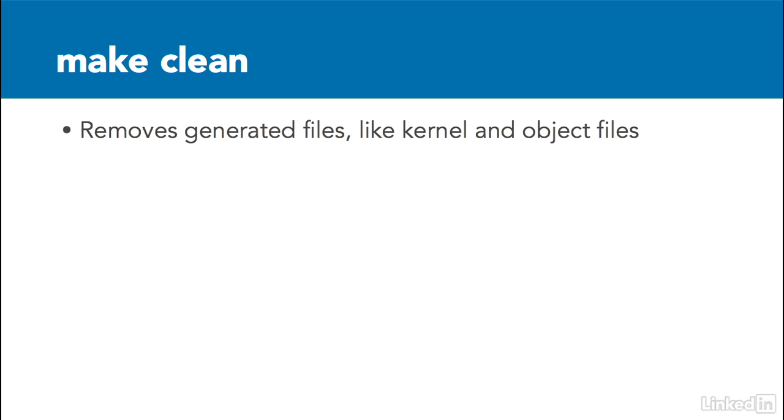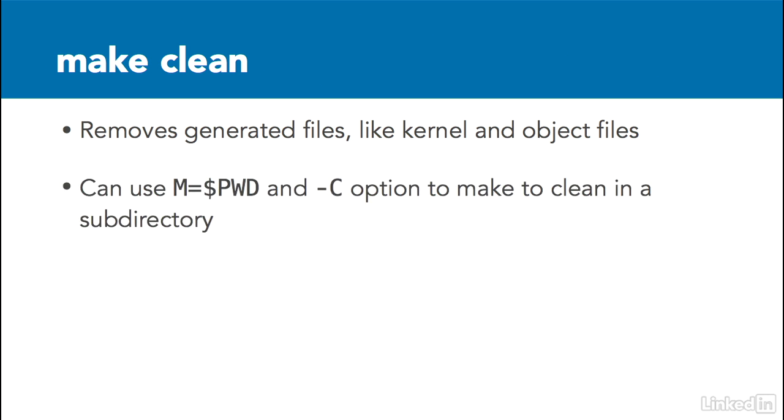Another handy option with the makefile from the kernel is make clean, right? So that removes generated files. If you do that at the top, it cleans the whole tree. A handy little tip is you can just do a clean in a subdirectory if you want. So what you do is you do a make -C and then the path to the kernel makefile directory, and you say M=$PWD, so that's going to be the current directory.